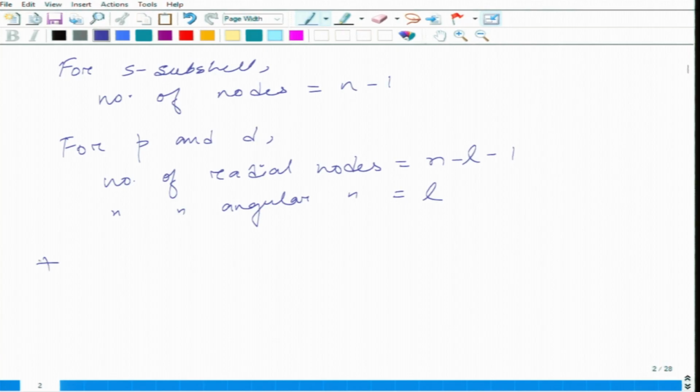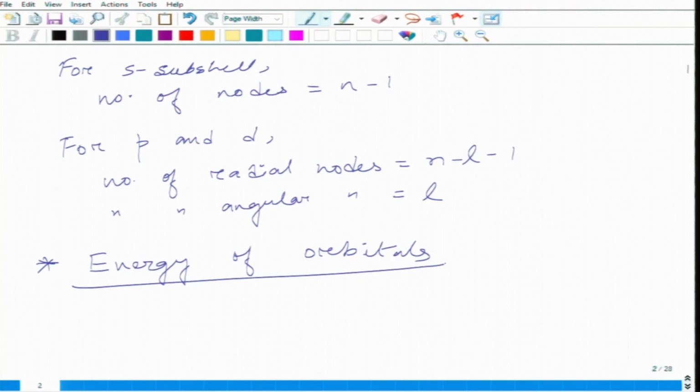After that, we had discussed about the energy of orbitals. While discussing the energy of the orbitals, we came across a rule called the n+L rule. So, we will learn about some new rules and then we will start the electronic configuration.